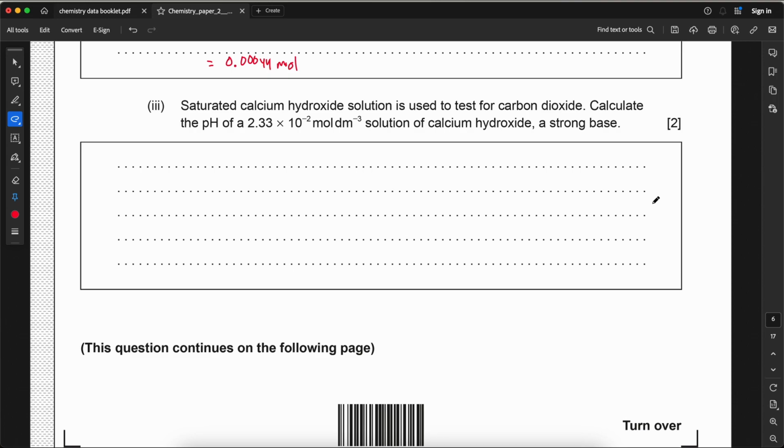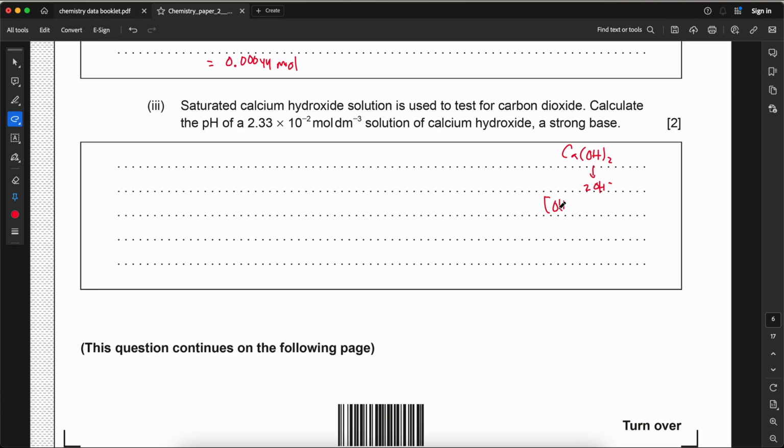Saturated calcium hydroxide solution is used to test for carbon dioxide. Calculate the pH of 2.33 times 10 to the power negative 2 mole per decimeter cube solution of calcium hydroxide as a strong base. So Ca(OH)2, be careful, it has 2 OH- here.